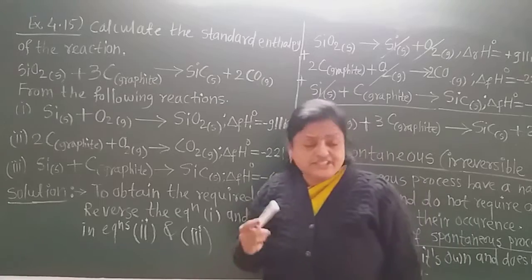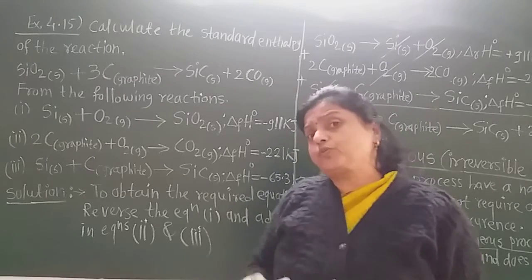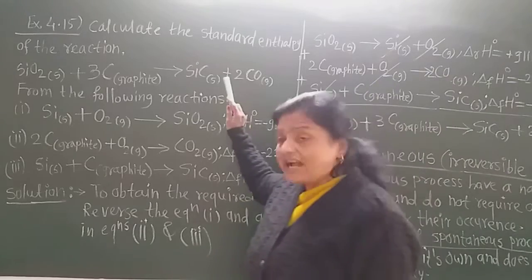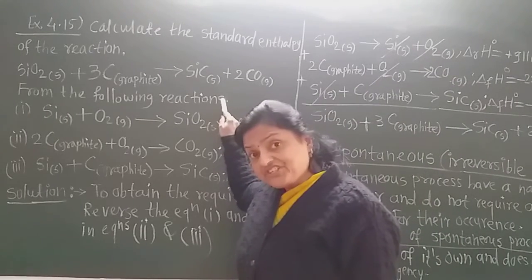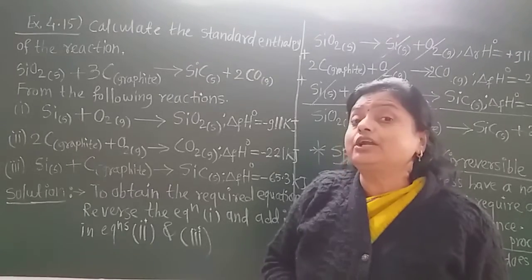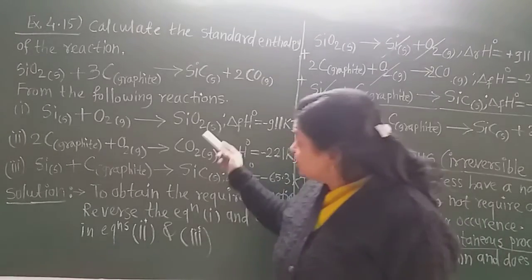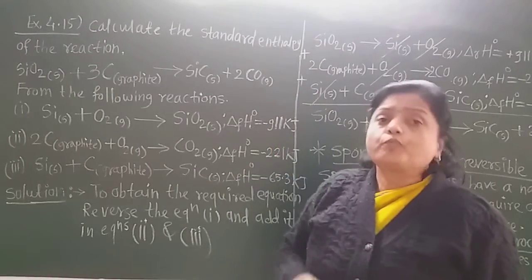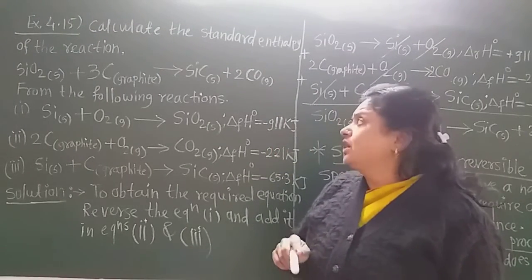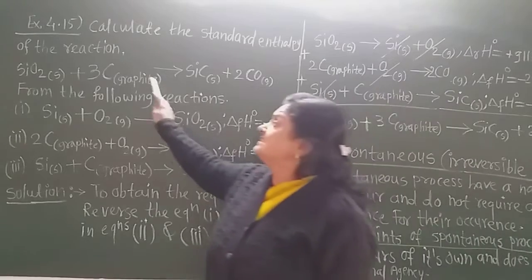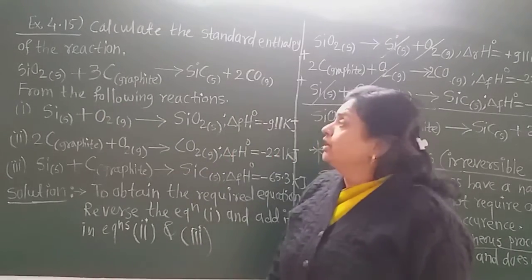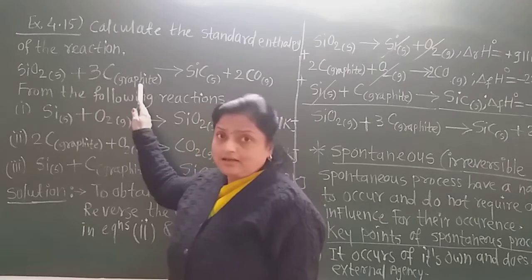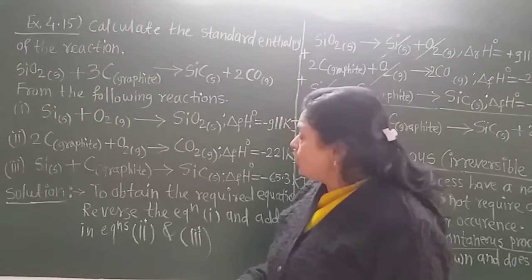Now when we have to solve such problems, we always think how the required equation can be obtained by doing some processes on these three equations. For that, always see what is on the reactant side or left hand side. There are SiO2 solid and 3 C graphite.